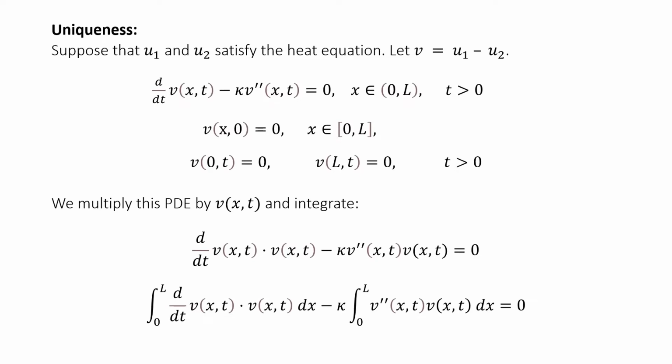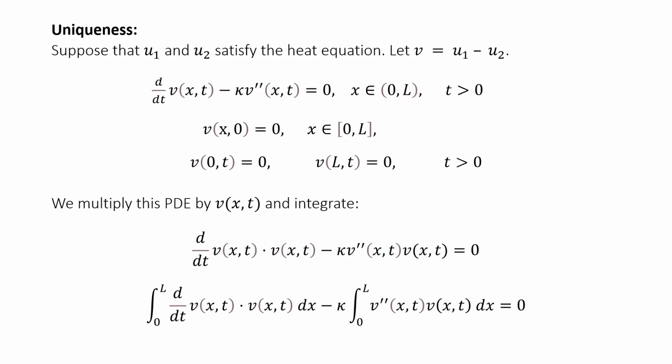Formally, that means for all positive t, we have got that v(0,t) equals 0 and v(L,t) equals 0. So we got the information that v satisfies this version of the heat equation, where all the data terms are 0.